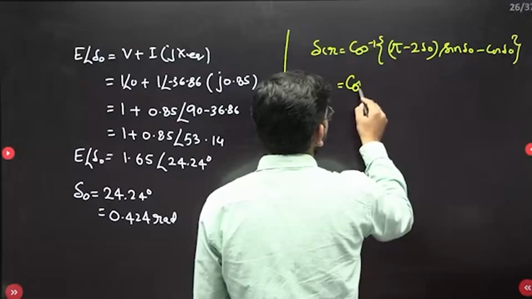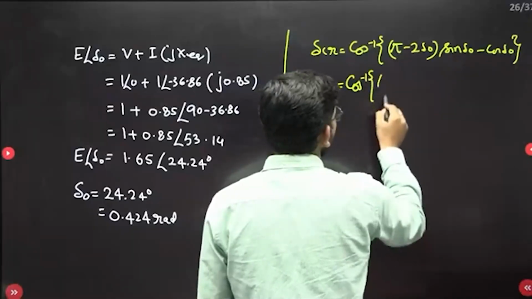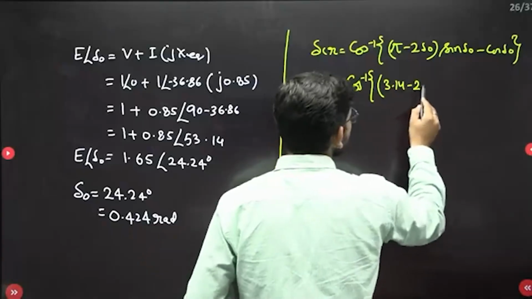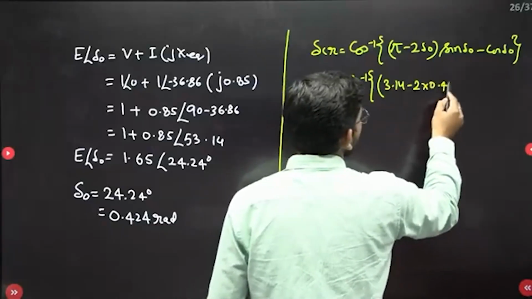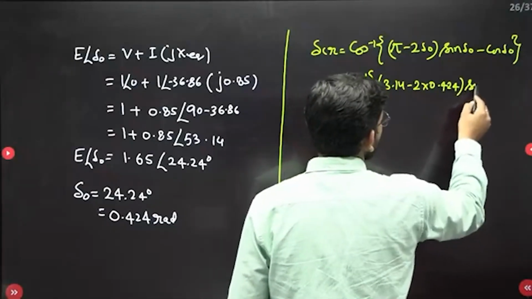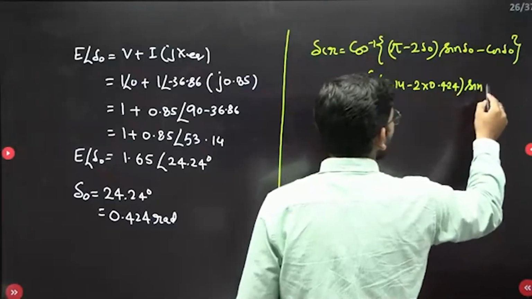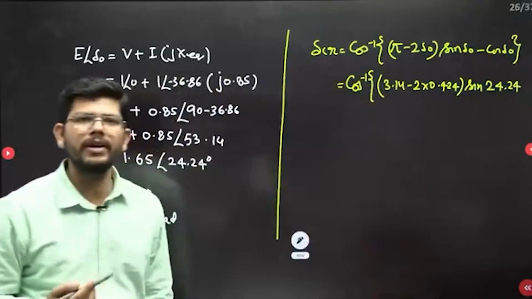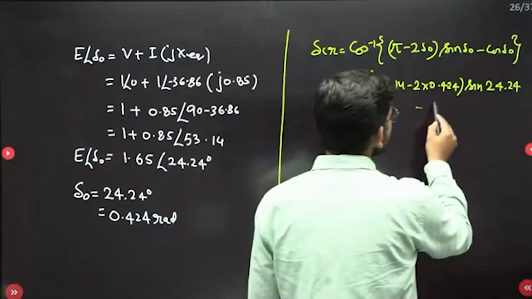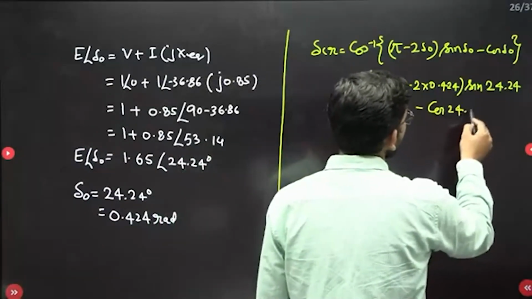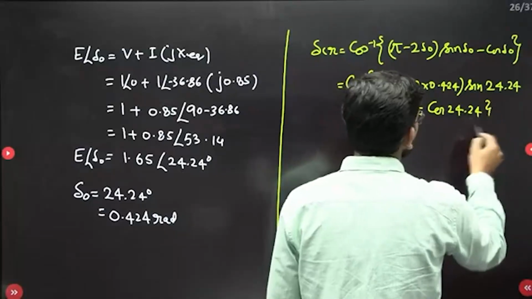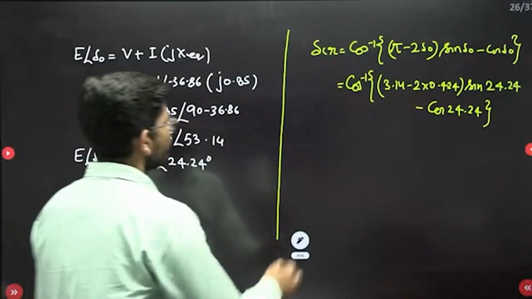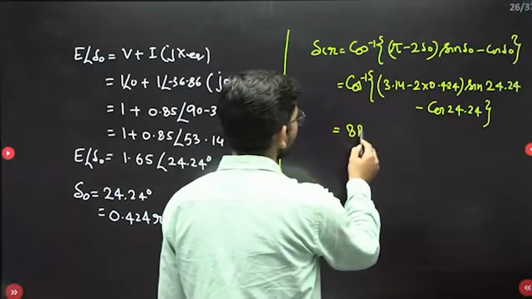Pi is 3.14 in radians, minus 2 into del naught in radians, which is 0.424, sine of 24.24. Where sine and cos are there, we put the value in degrees, minus cos of 24.24. Now you solve this and you will get the value of 88.34 degrees.